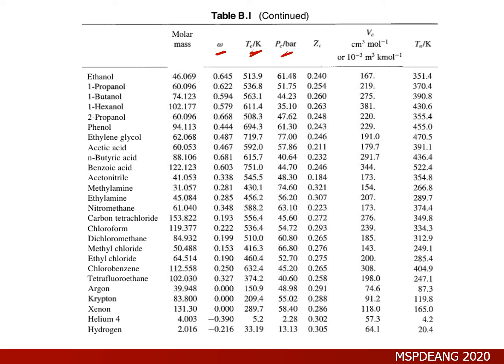So your van der Waals and Redlich-Kwong EOS are your two-parameter correlations. However, two-parameter correlations are not that accurate because we don't account for the shape or the complexity of the molecule. To account for that, we have three-parameter correlations. We also have three-parameter cubic equations of state that factor in the eccentric factor.